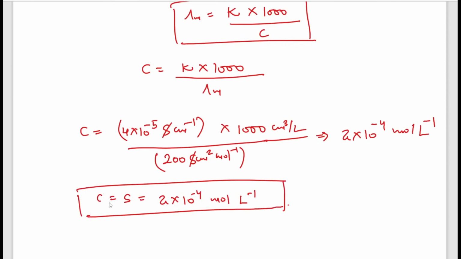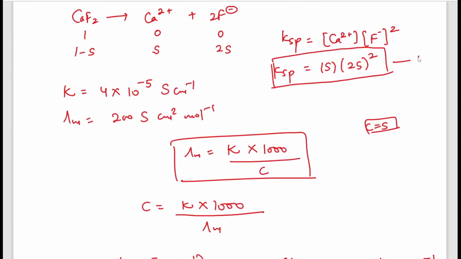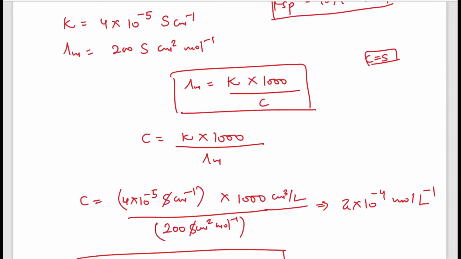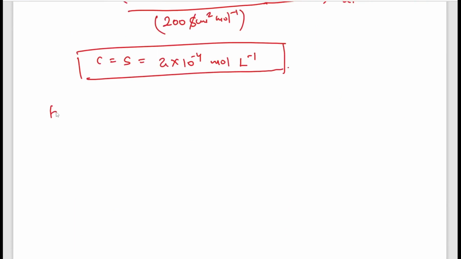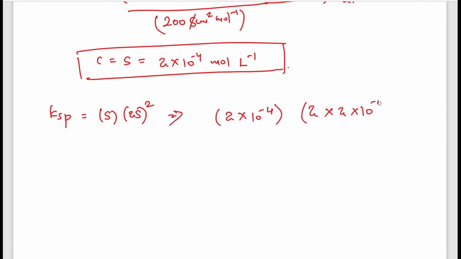Now we will use this value in equation number 1, that is this, to find the solubility product constant. S into 2 into solubility square.